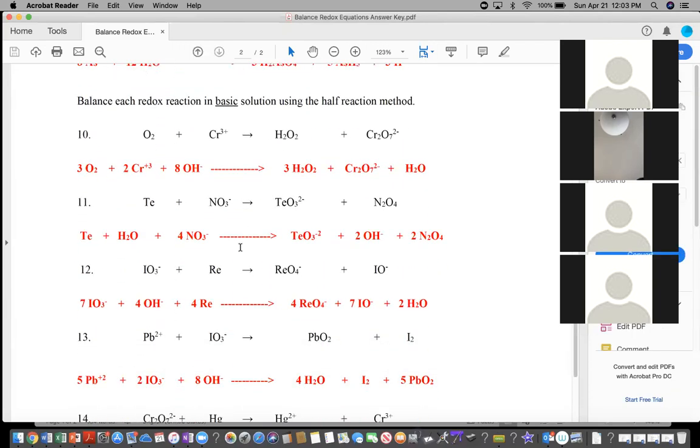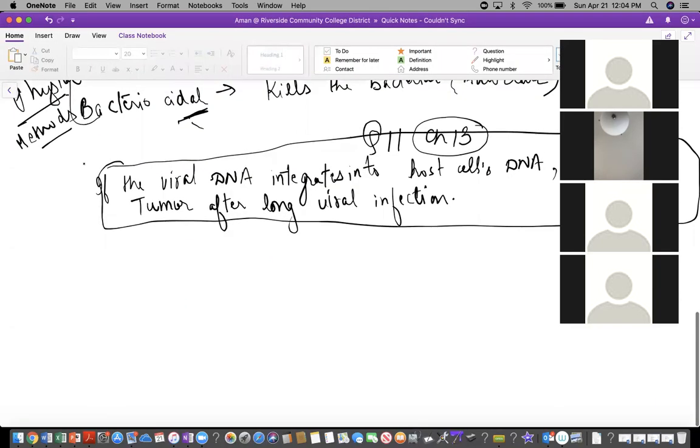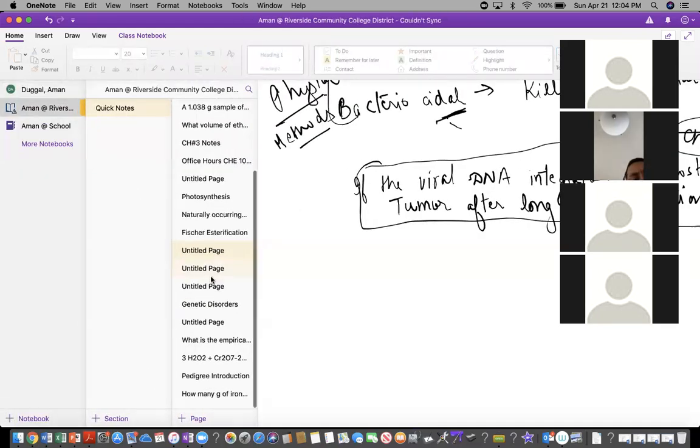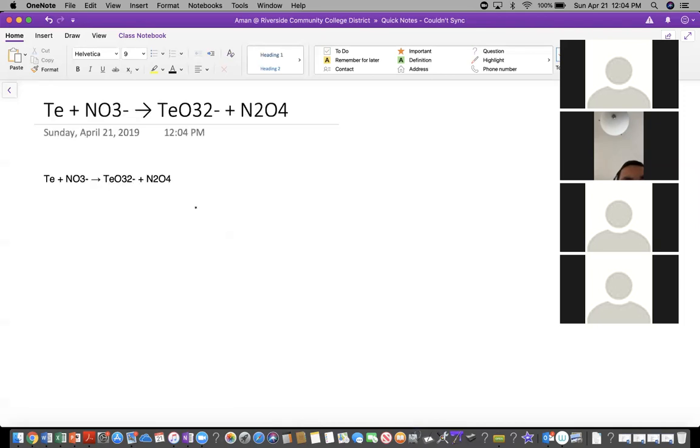So number 11. What are you getting? I kept on getting the number of electrons on the same side, and that's not right. So I don't know what I'm doing wrong. All right, so this is the equation.